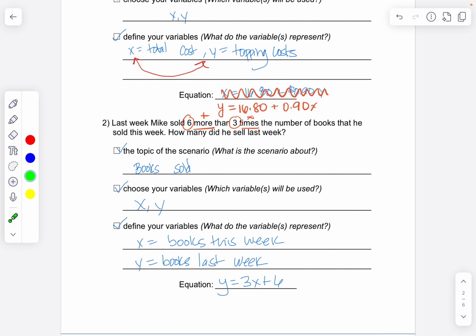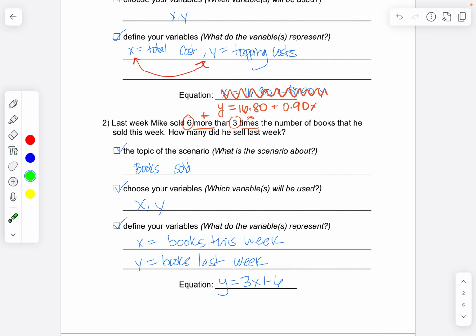It says last week Mike sold 6 more than 3 times the number of books that he sold this week. Notice that when I am solving these problems, I am writing the operations that I'm seeing using my math buzzwords. So last week Mike sold 6 more than 3 times the amount of books that he sold this week. How many did he sell last week?